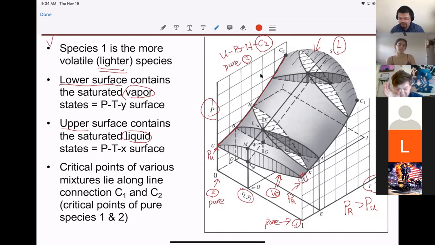Similarly, if you read this RKAC1, then this is pure component 1 all the way up to the critical temperature at C1. And anywhere between the two lines, we are going to have the mixture. The mixtures have their own corresponding critical conditions. So this is why over there you have the curve to describe the critical condition of the mixture. Okay.